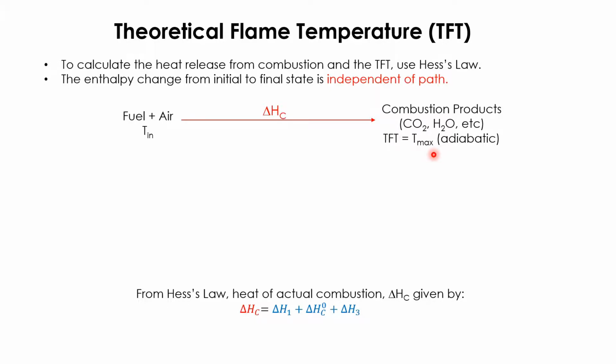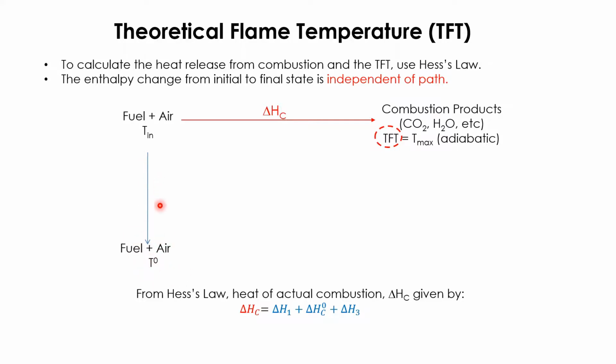We can see this process as a multi-step process. Because we will use the standard combustion data, and the fuel and air can enter the furnace at any temperature, first of all, to be able to use the standard heat of combustion, we bring the fuel and air to the standard temperature.